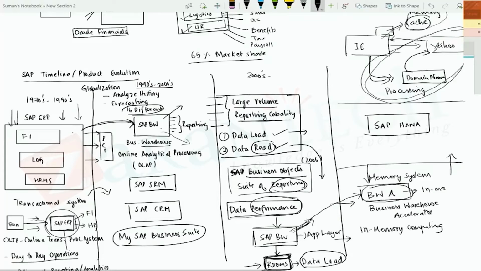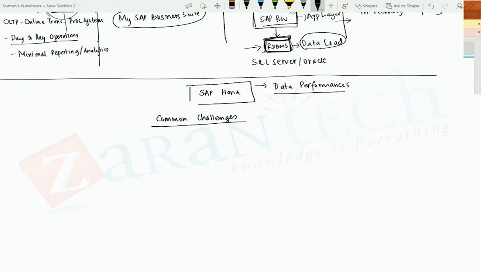Let's try to understand why SAP HANA. What are the common challenges that are happening in today's market? If you understand that better, you will be able to better appreciate why SAP HANA is a product and what kind of problems it is solving on a day-to-day basis. If you look at some of the common challenges that we are facing in any organization, the first thing is growth of data.